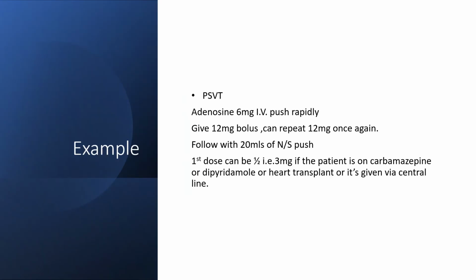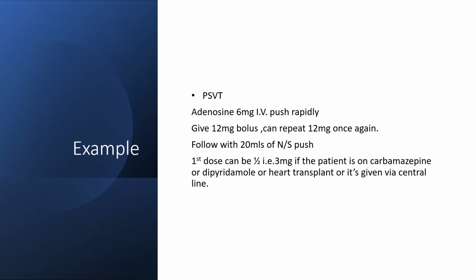Examples of situations where we can make use of adenosine are the following: paroxysmal supraventricular tachycardia. You can give your adenosine at 6 mg intravenous push rapidly within 1 to 2 seconds. Give a 12 mg bolus, and you can repeat the 12 mg bolus one more time.